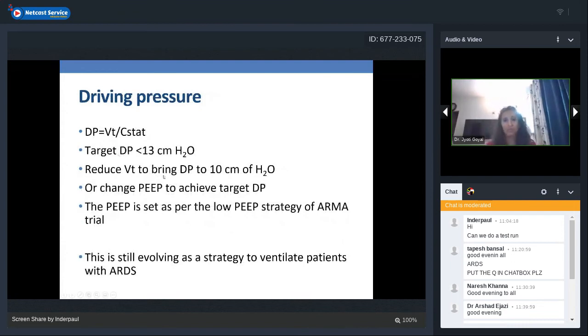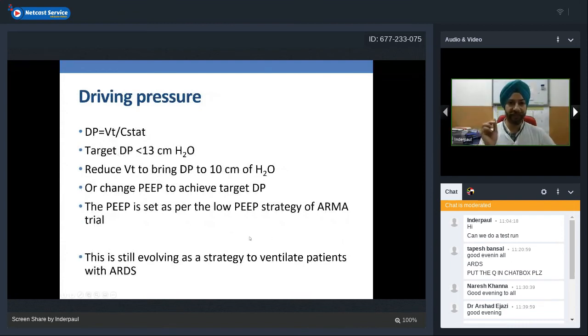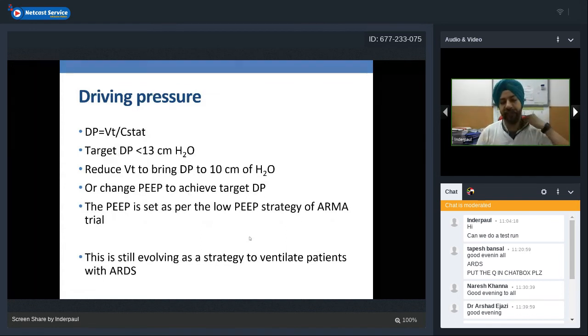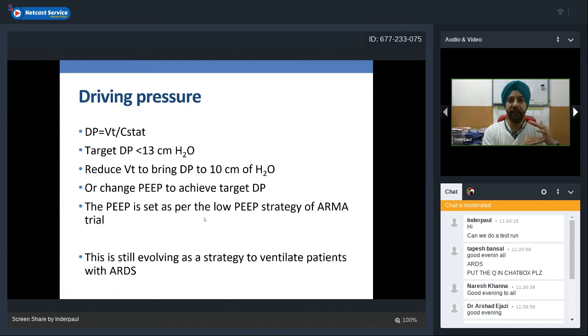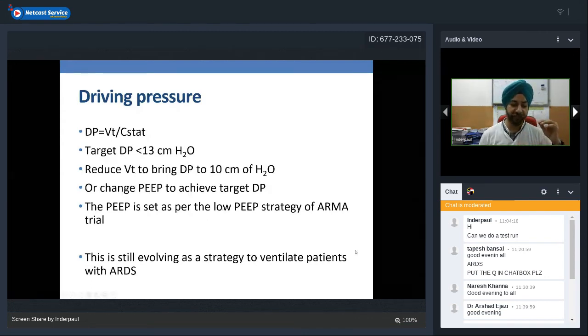So we still don't know what is a good driving pressure. In one of the largest data sets that we have, from the ARDSnet protocol, and this was published by Amato, if I remember correctly, they suggested that if you target a driving pressure of less than 13, those patients had better survival, and more benefit using this strategy as compared to higher driving pressures.